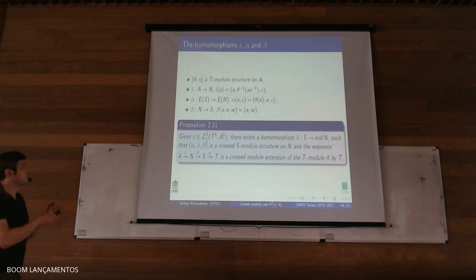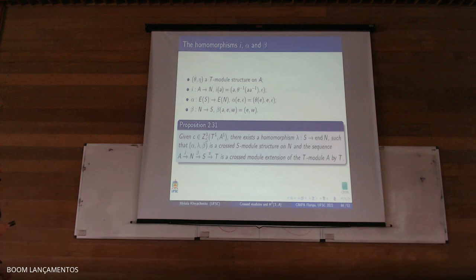It's easy to construct beta. And what about lambda? This is what really needs a cocycle C. And I take an order-preserving cocycle. For a non-order-preserving cocycle, I cannot imagine what to do.